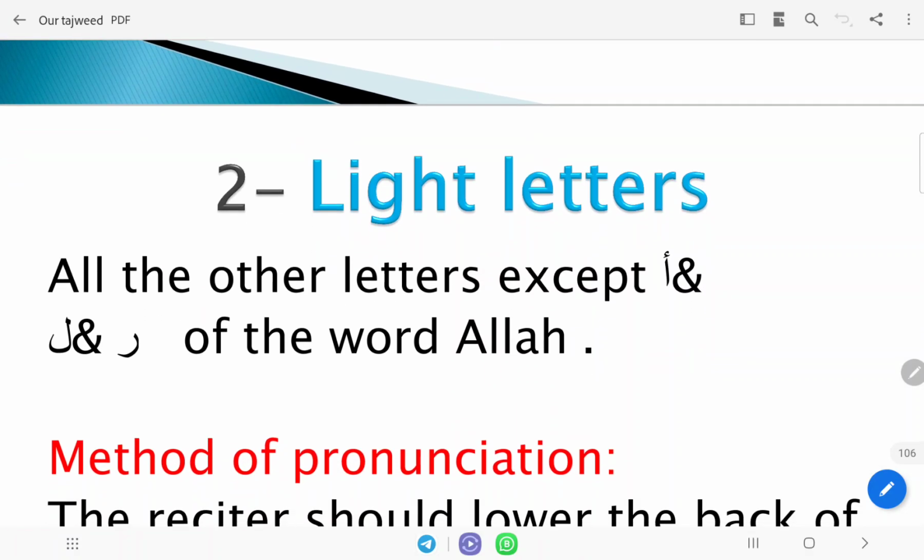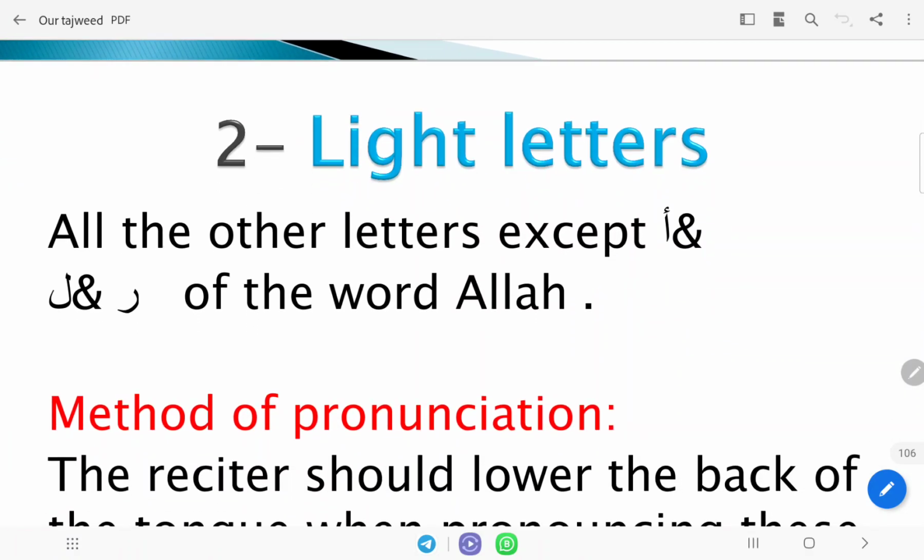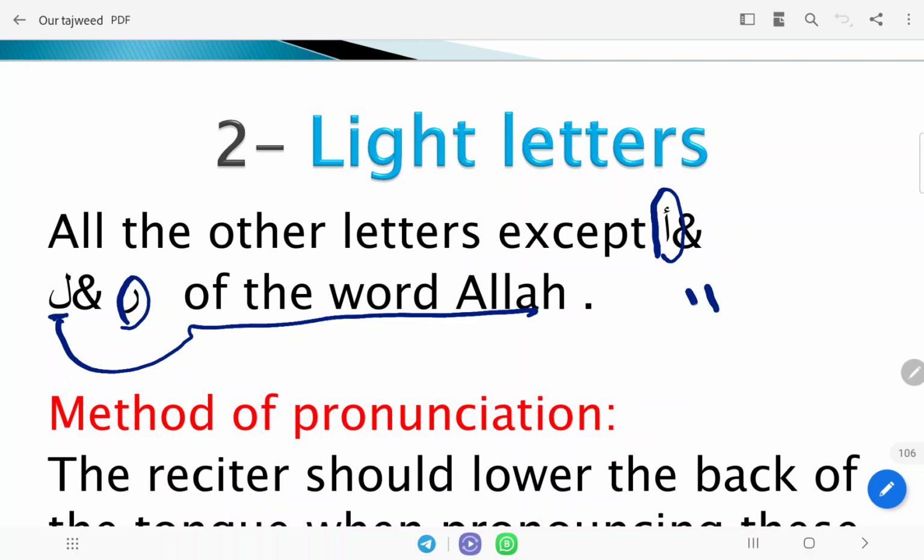The second type is light letters, which are all other letters except the letter Alif and the letter Ra and the letter Lam of the word Allah.